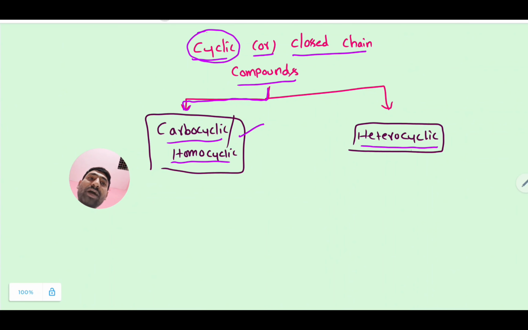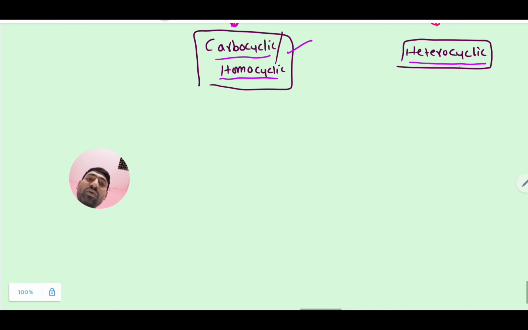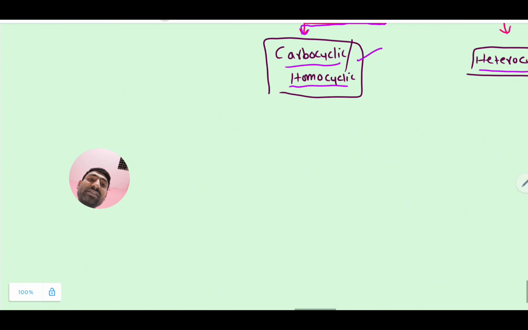First I want to take carbocyclic compounds. This type of cyclic compound contains only hydrogen and carbon. They are called carbocyclic or homocyclic compounds.